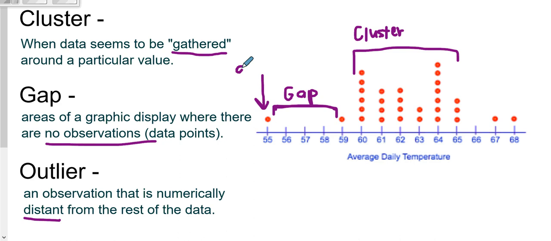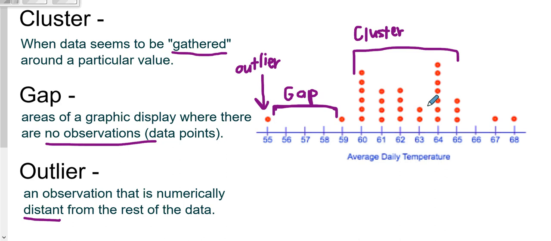If I wanted to know the average daily temperature outside and I was like, oh yeah, it's 55, that would not be a clear picture of what the actual average daily temperature is of this area, because the majority of our data points are between 60 and 65. That could be up to a 10-degree difference.